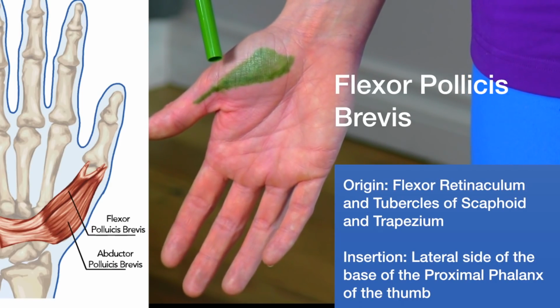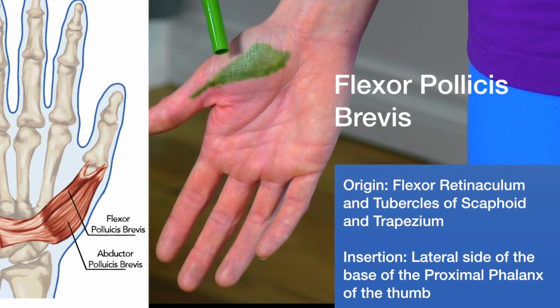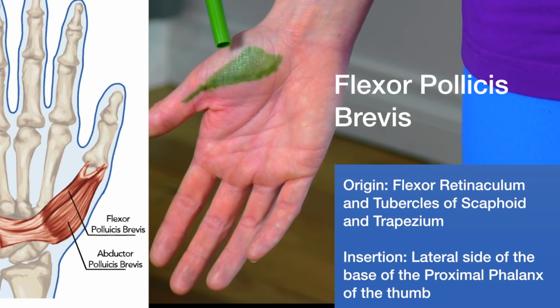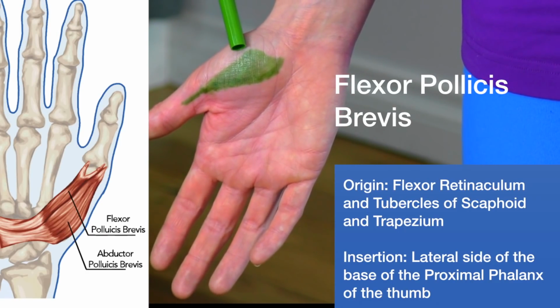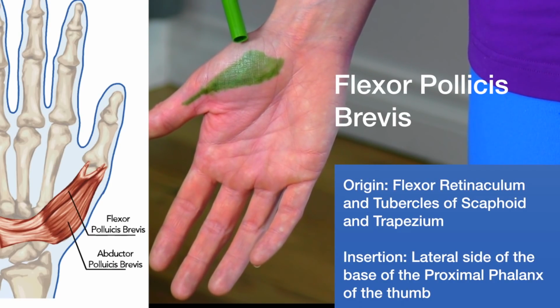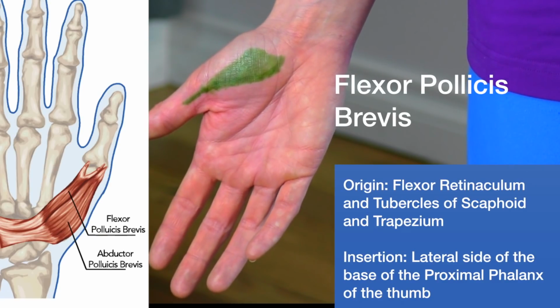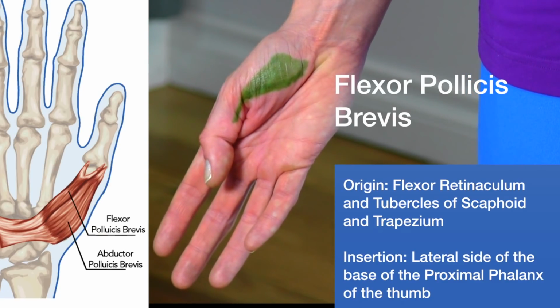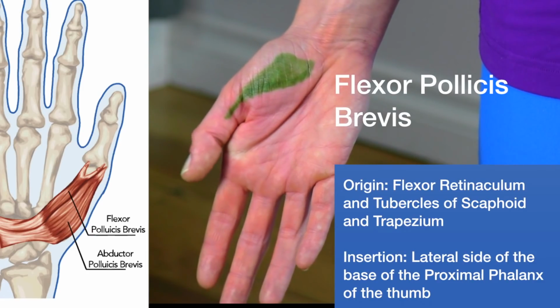The actions of this muscle are that it moves the metacarpal anteromedially and in medial rotation, as well as flexing the proximal phalanx of the thumb. And we'll just have Mickey demonstrate that motion. Great.